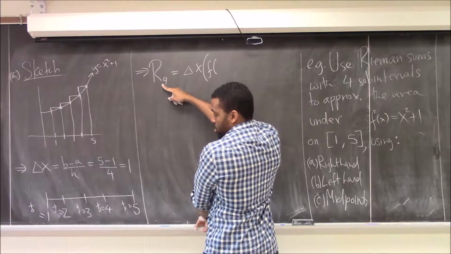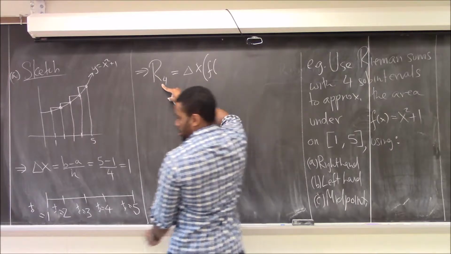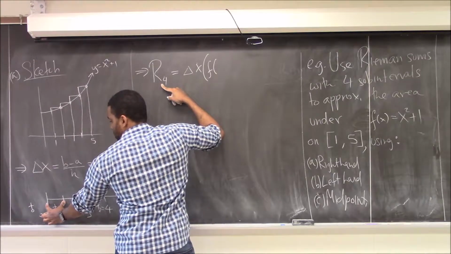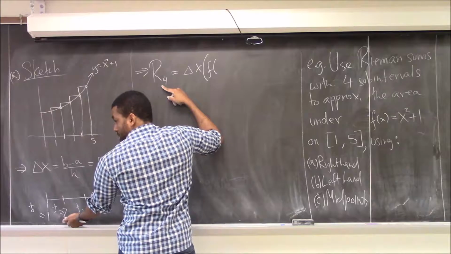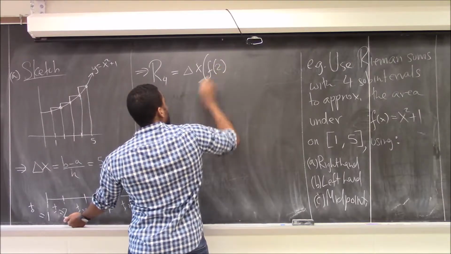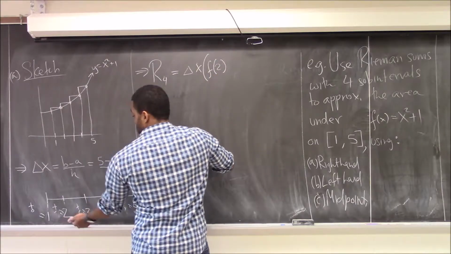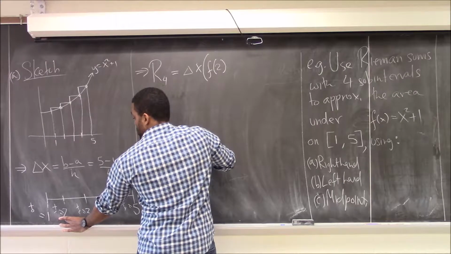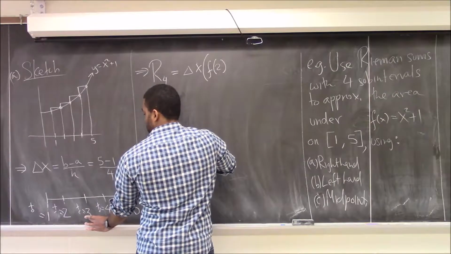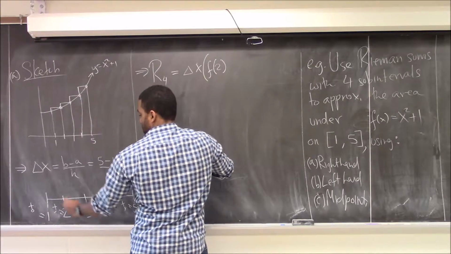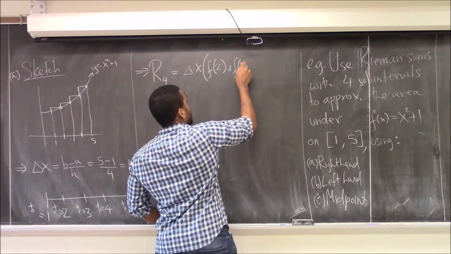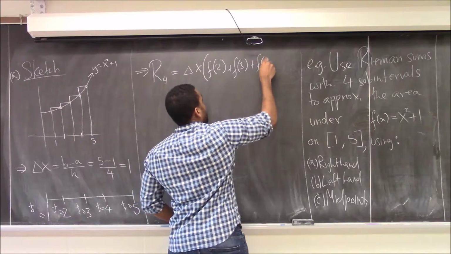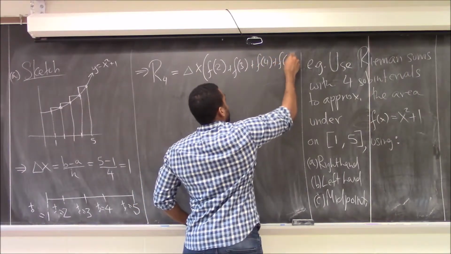So what's the first x value I'm going to plug in? 2. Here's the first interval, 1 to 2. Who's on the right side of that interval? 2 is on the right side of the interval. f of 2 is going to be the first y value. Then between 2 and 3, 3 is on the right. Between 3 and 4, 4 is on the right, 5 is on the right. So I'm literally taking 2, 3, 4, and 5. That's where I'm evaluating from. So it's f of 2, f of 3, f of 4, plus f of 5.